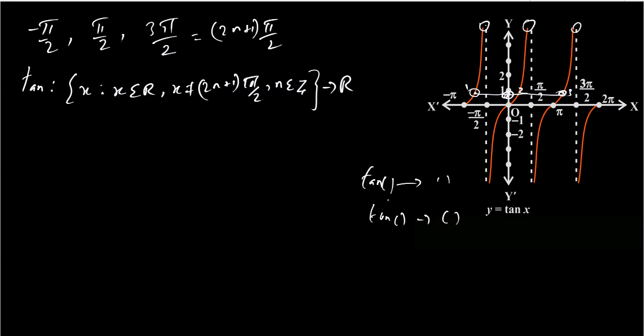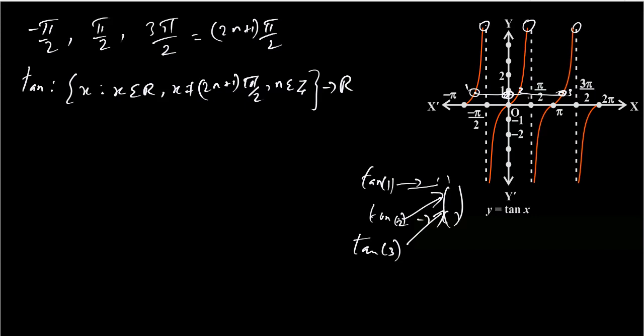In all these ranges, all these points, we are getting a unique value. At each of these points we get the tan value, so the tan function in this whole region is not 1 to 1 and onto. So the inverse does not exist.